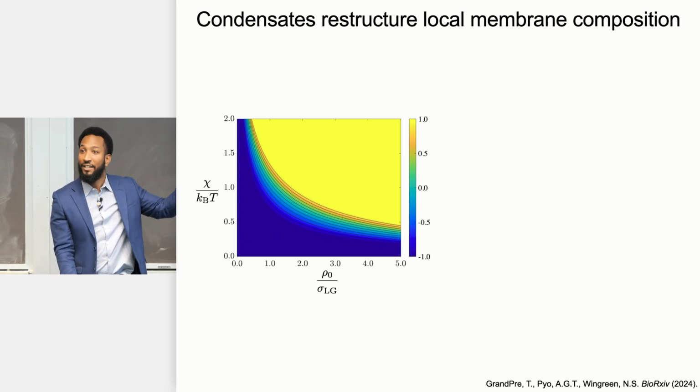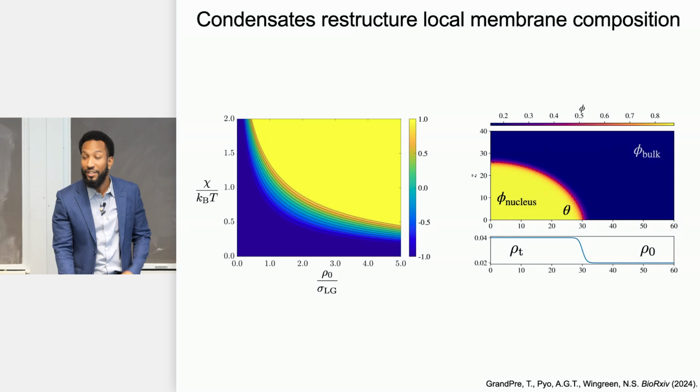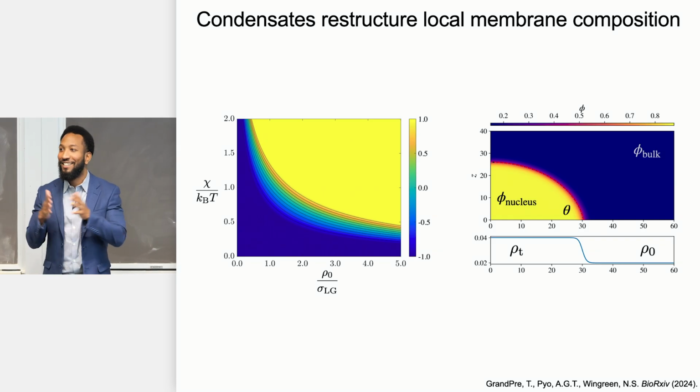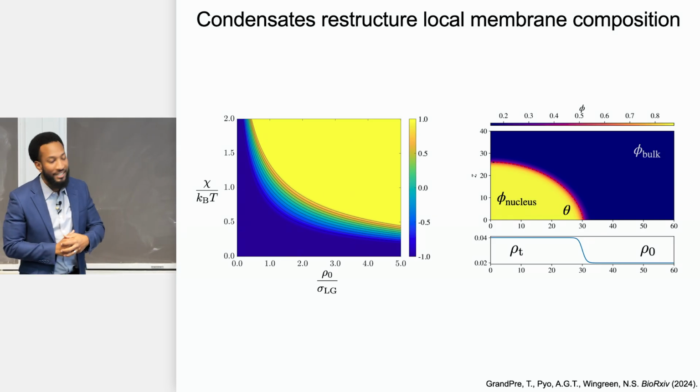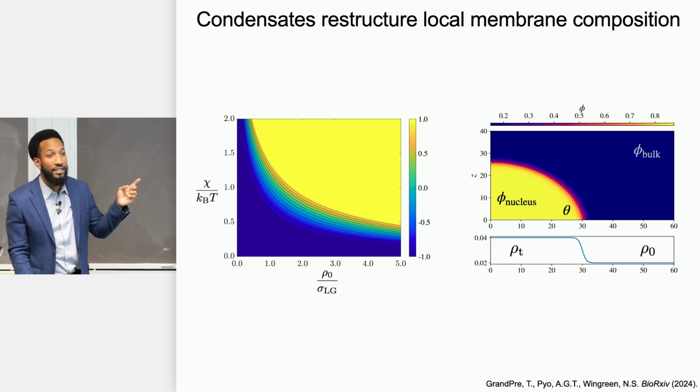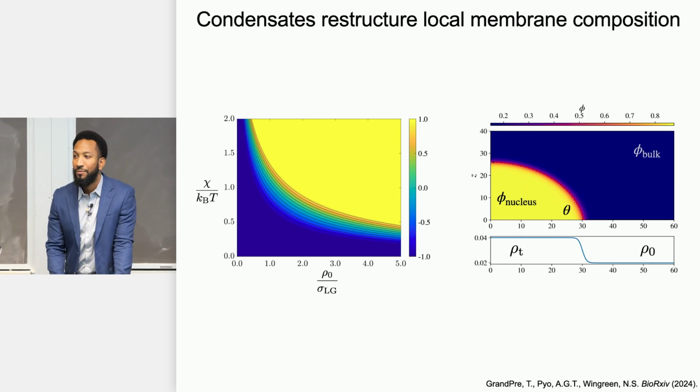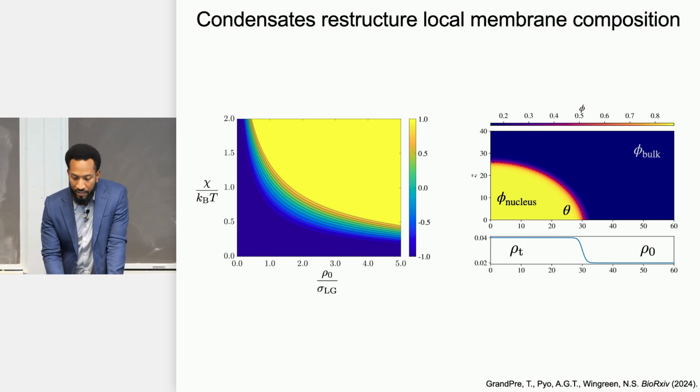And this is what we think is happening in the pyrenoid. This is an idealized case, and this is actually a simulation. We developed a theory and we ran simulations to see what this theory would look like. Here, the yellow outline, the phi nucleus, is the droplet.